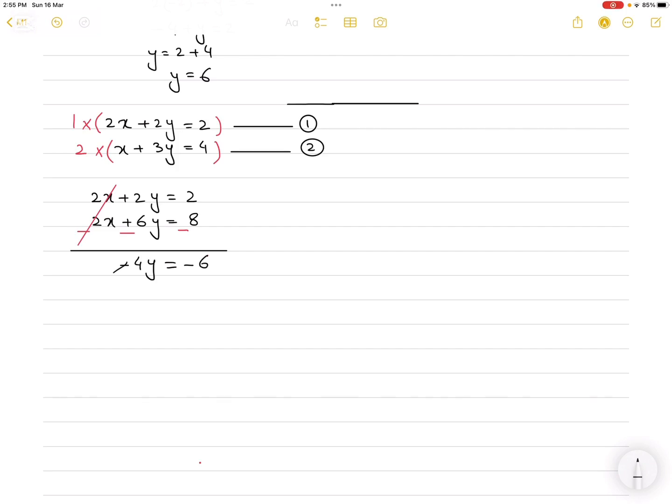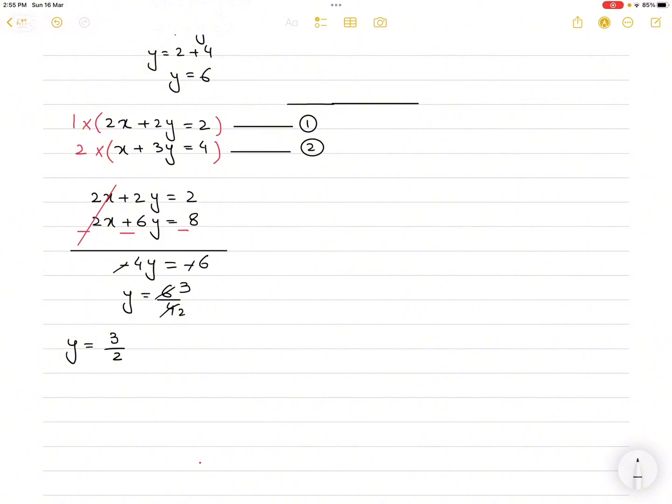So minus on either side will cancel. So y equals 6 over 4. 2 times 2 is 4, 2 times 3 is 6, so the y value is 3 over 2. So you can pick equation number 1 or 2 to find out the value of x.